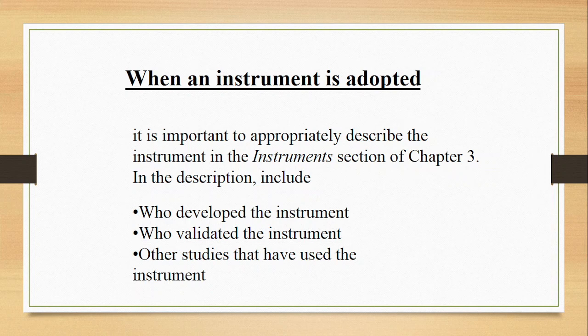And this section must include the following: who developed the instrument, that is, the author of the instrument must be given a credit in your research study, or you can provide the reference that who developed this particular instrument. Second one, who validated the instrument. And third, other studies that have used the instrument. You can quote or you can give reference to the other studies that have used the particular type of the questionnaire, so that the issue of the reliability or the validity does not arise.